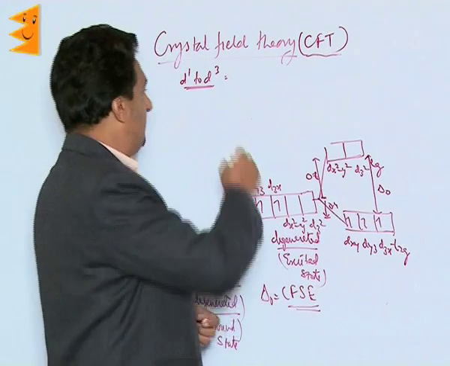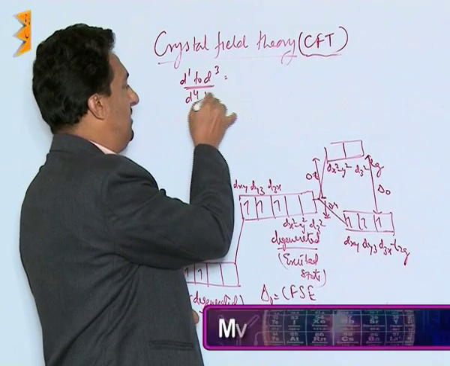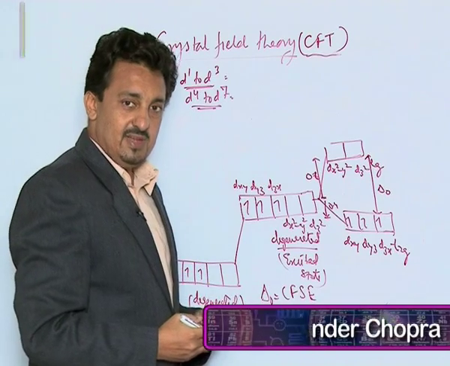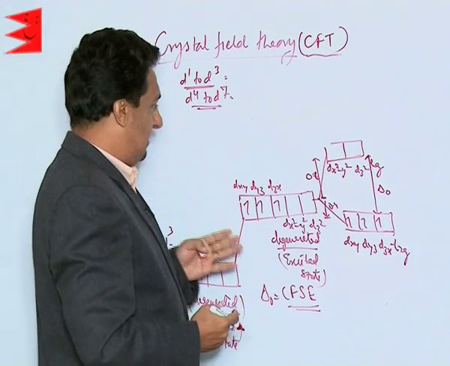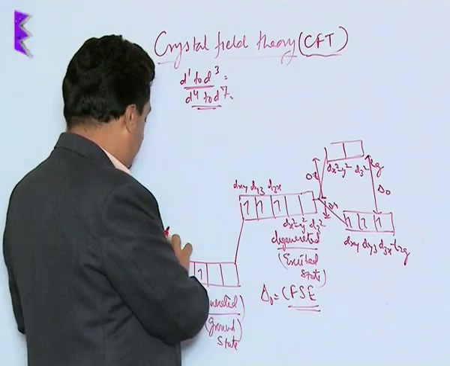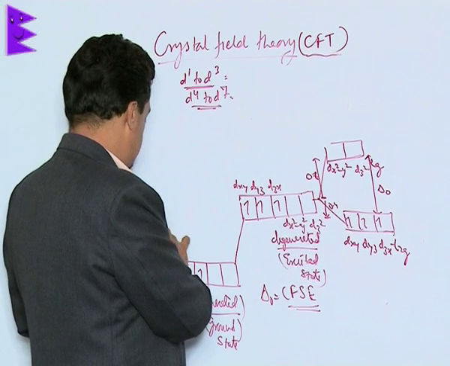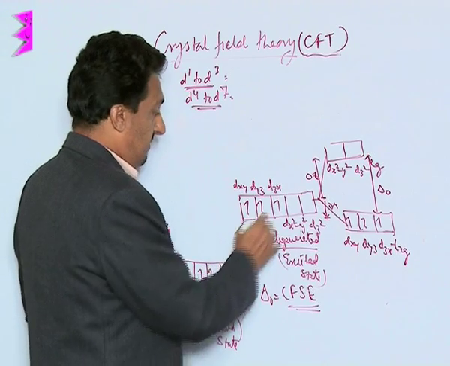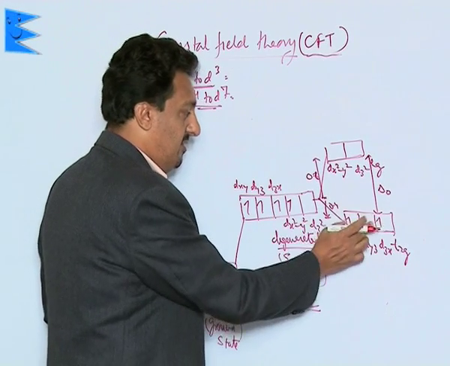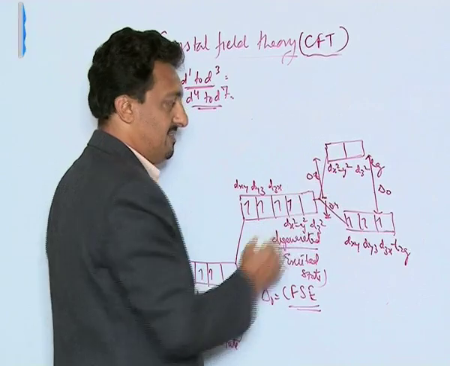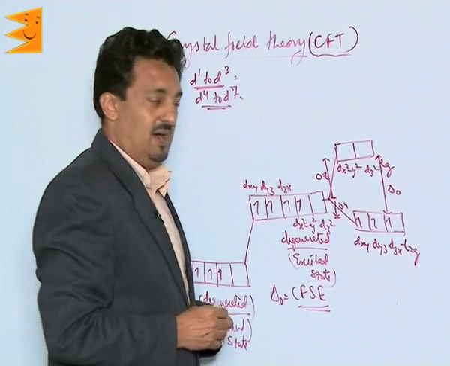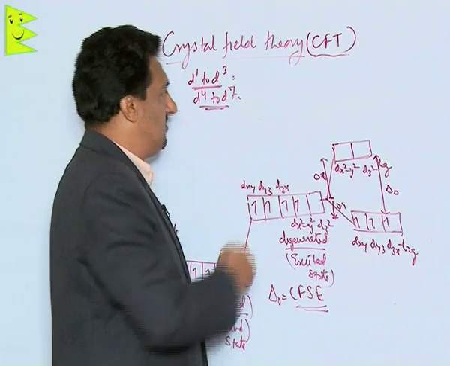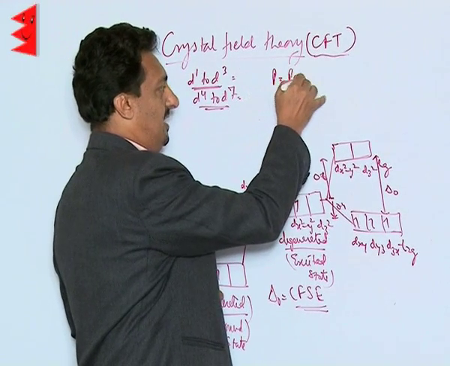But the moment we have d4, from d4 to d7, we have different possibilities. If we have a d4 ion, where does this fourth electron go in these t2g and eg orbitals? This is decided by the magnitude of the splitting energy. There is one more energy involved in this, which is called P, the pairing energy.